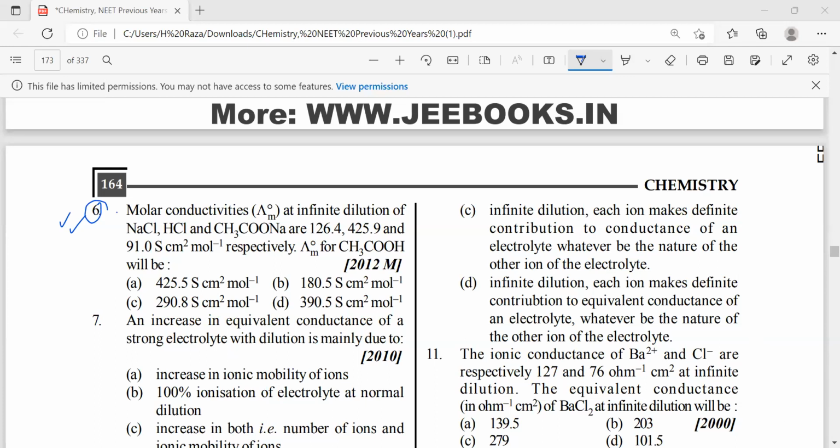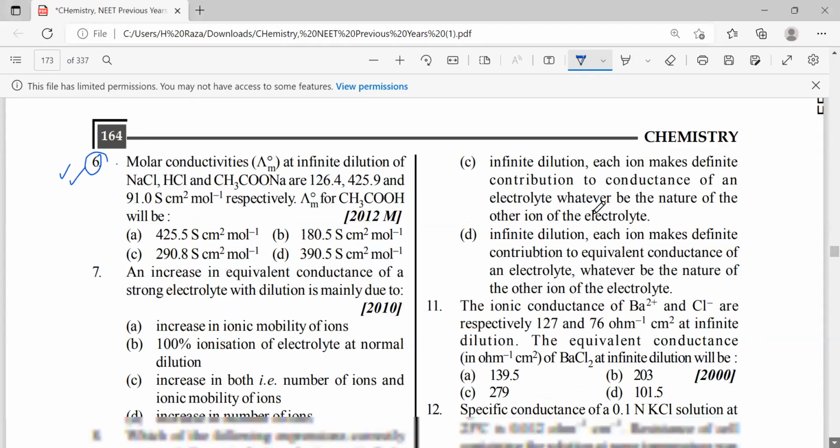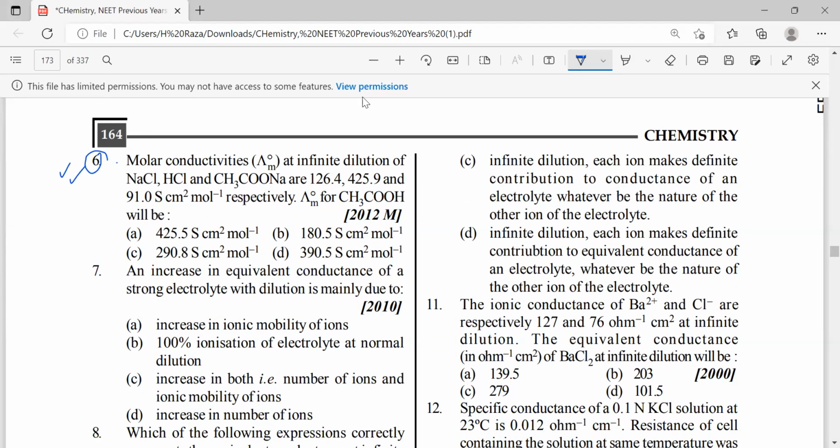Very good. Hamza, are you able to solve it or not? Please tell me. Very good, Sneha. Attempt question number 11, please.